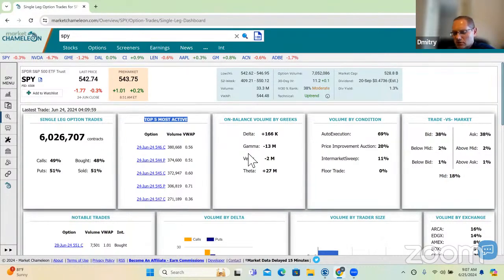trades are those options trades that don't have a multi-leg indicator or contingent. So when options trade, if you enter an order in, for example, like a bull call spread, where you need to simultaneously get both legs filled, it enters a complex order book and it will get tagged as a multi-leg trade.